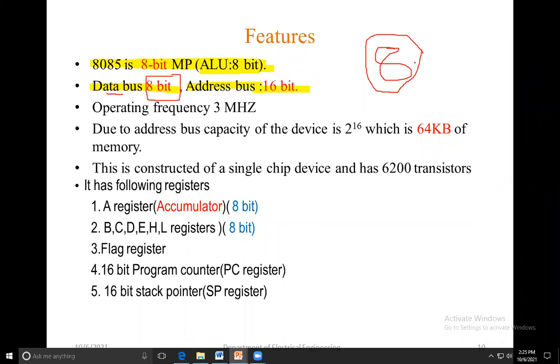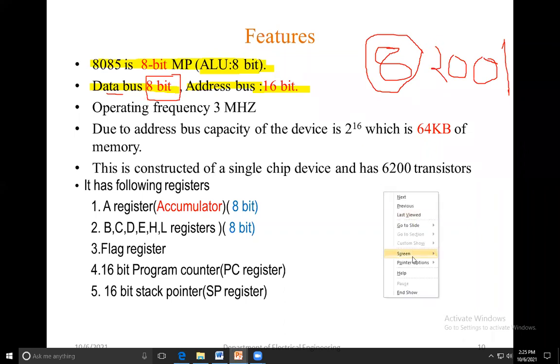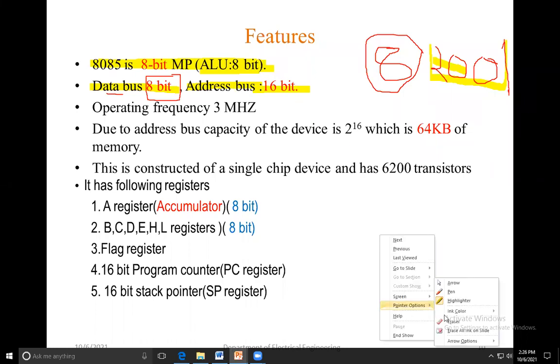But this 8 is stored at a location, suppose 2001. This is the location, and at that location this 8 is stored. This location is transferred by the 16-bit address bus. Understood?